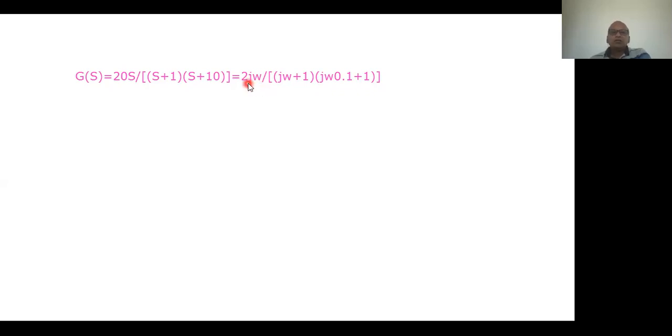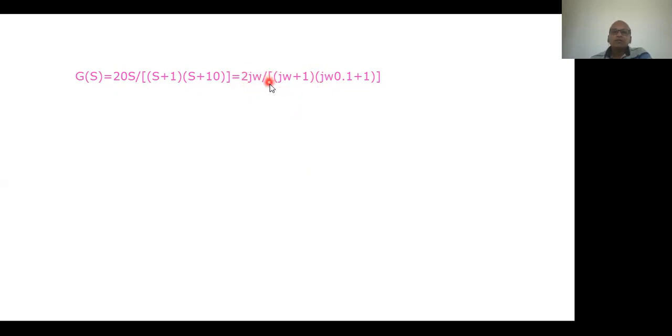A zero at the origin means a straight line with a slope equal to plus 20 dB per decade, passing through the magnitude equal to 20 log 2 at frequency omega equal to 1.